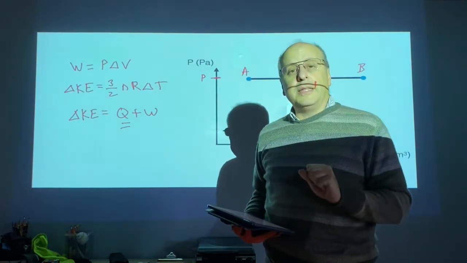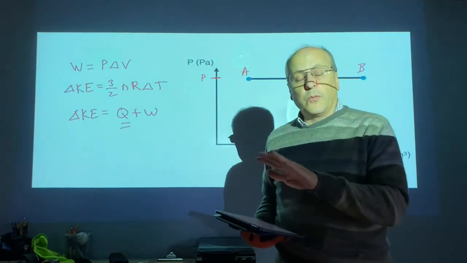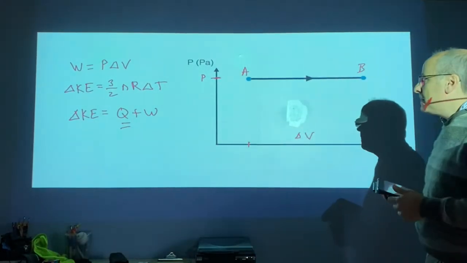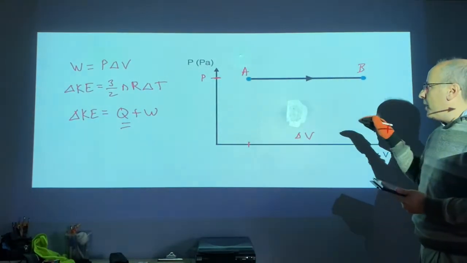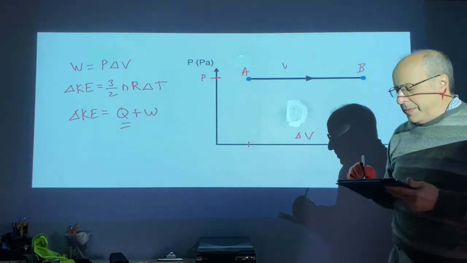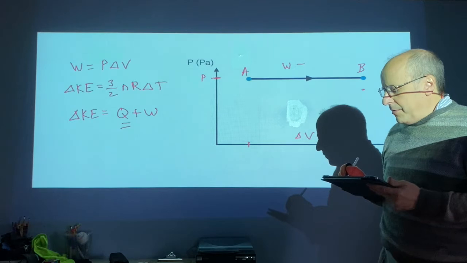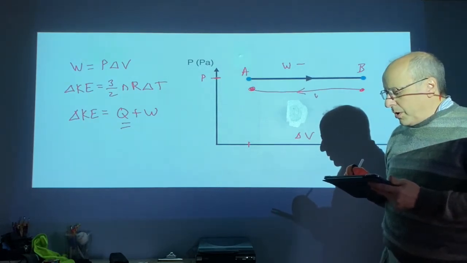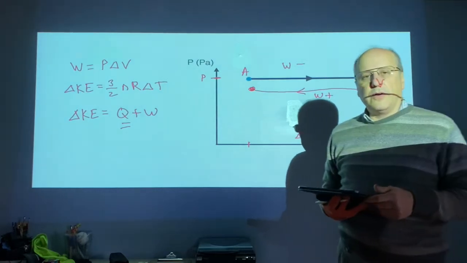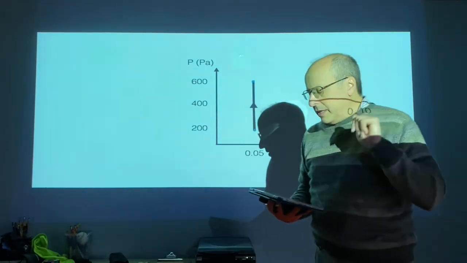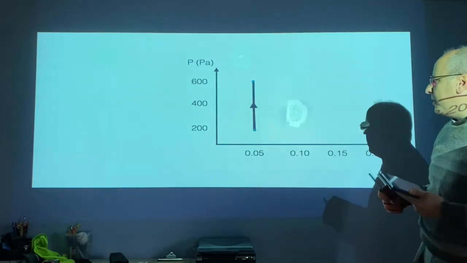It's the only one of these common transitions that will require you to do all the steps. Okay? This is isobaric expansion, so the work would be negative. If we had compressed the gas, the work would have been positive.